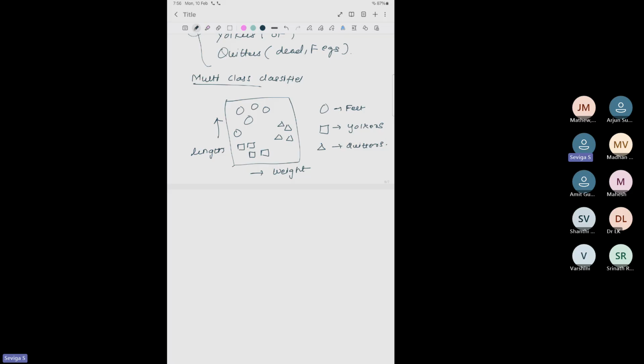This name is usually applied to the problem where we have three or more classes. Whenever we have three or more classes, this problem is called multi-class classification. If you have two classes, it is called binary classification.